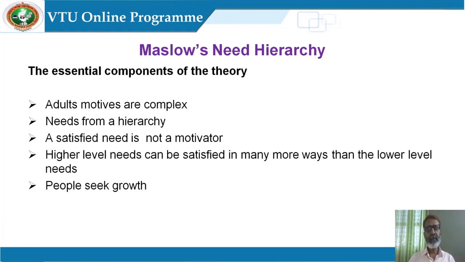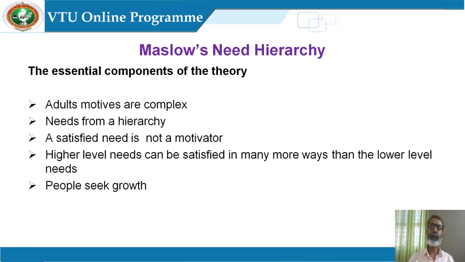Then higher level needs can be satisfied in many more ways than the lower level needs. For example, getting a job, the first job, may be very difficult, and you have only one process, that is through the interview and applying to the organization.